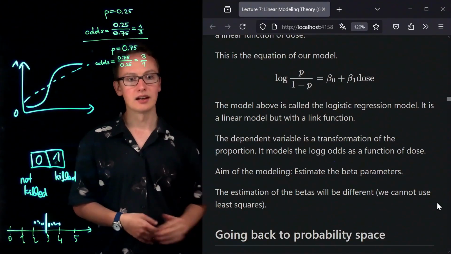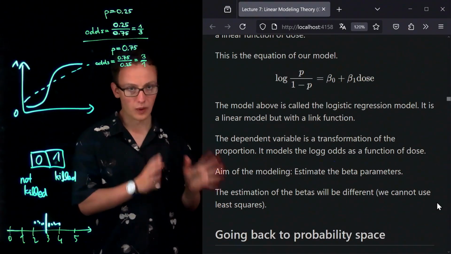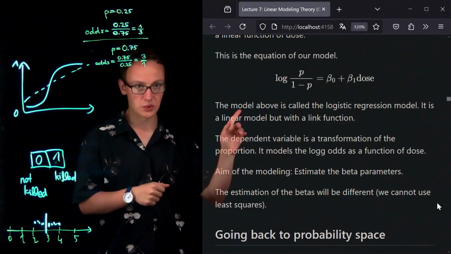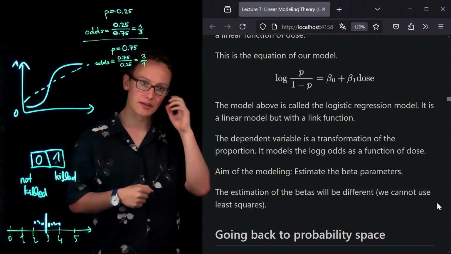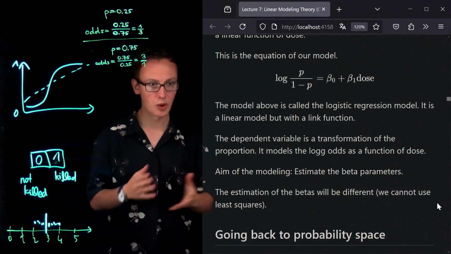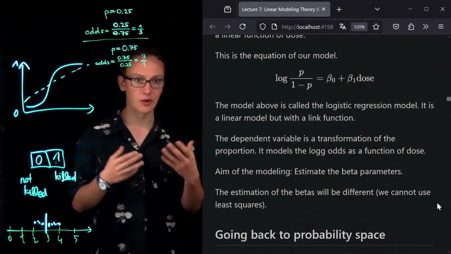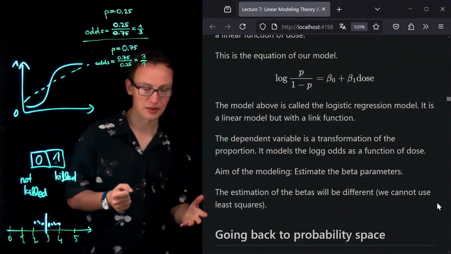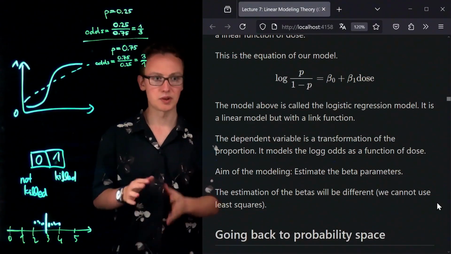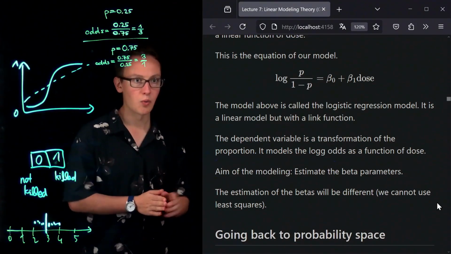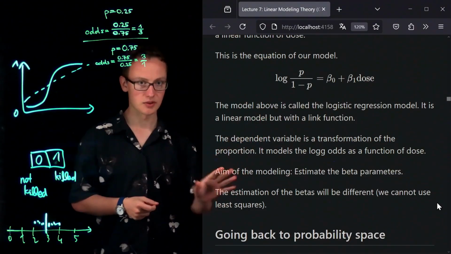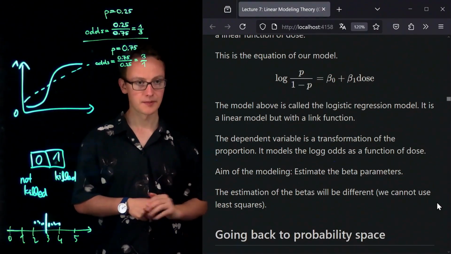And one thing that we should take into account here, though, is that the estimation of the betas will work in a somewhat different way from what we're used to in linear regression. So our classical method of least squares estimation, which we could use for linear regression, won't really apply here, okay? So we'll have to use a different way to estimate the betas.